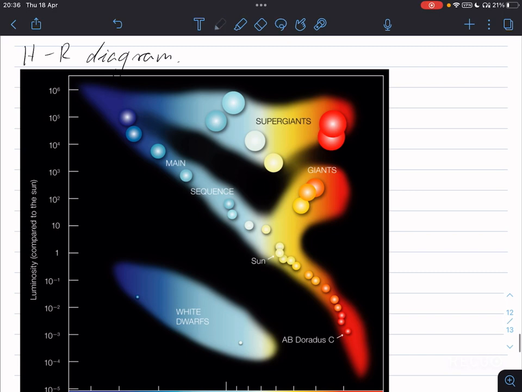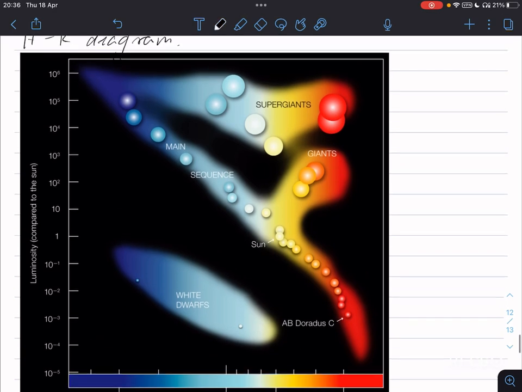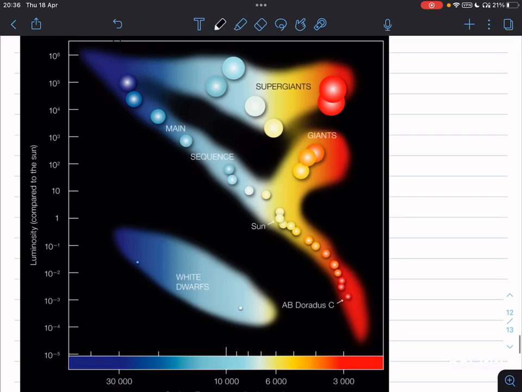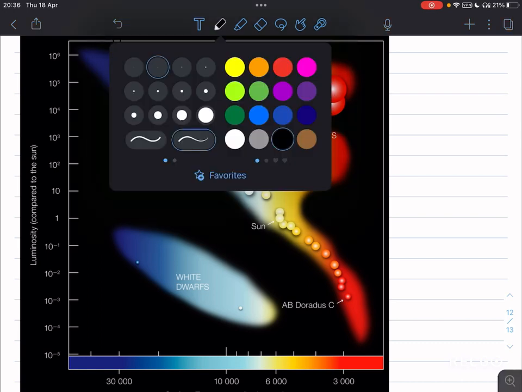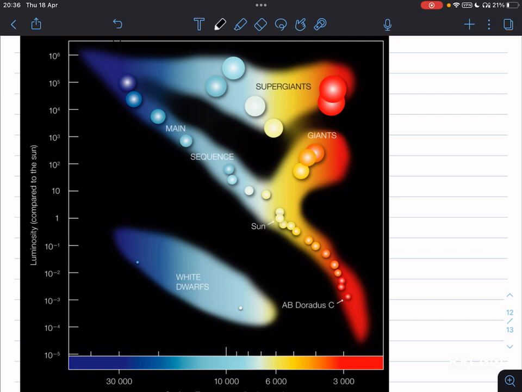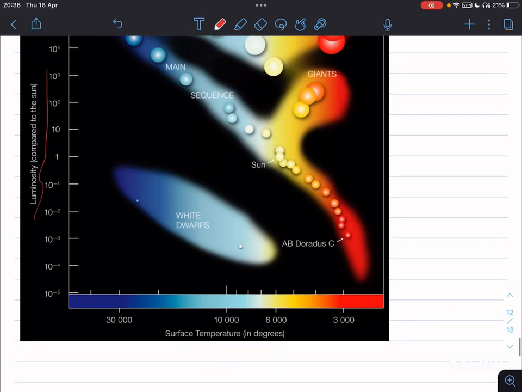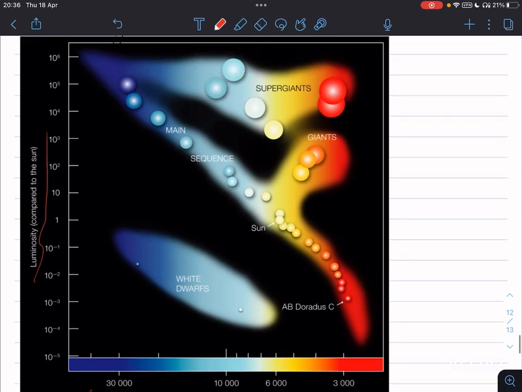This is the so-called HR diagram, a diagram plotted by the luminosity against the effective temperature. Notice that the high temperature is on the left.